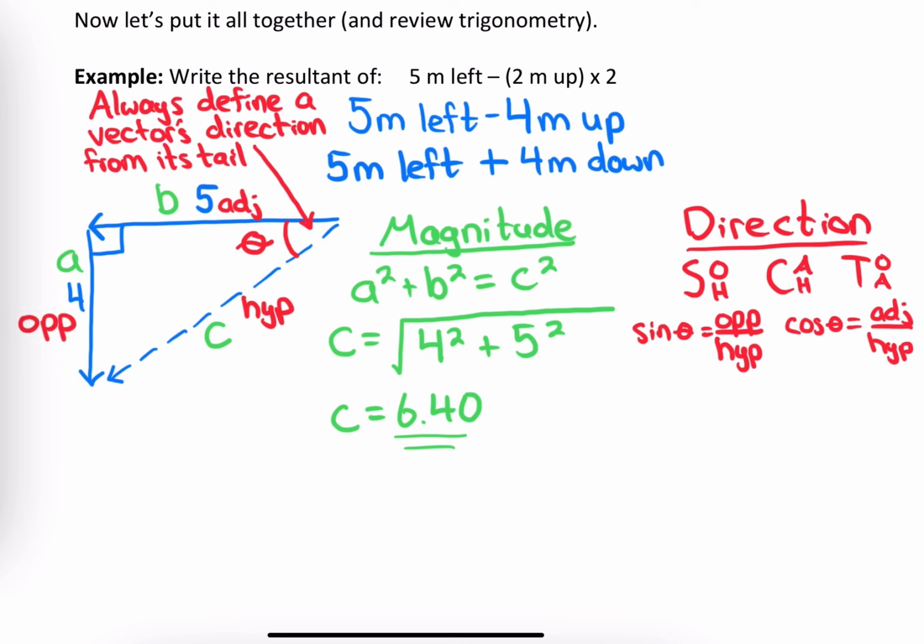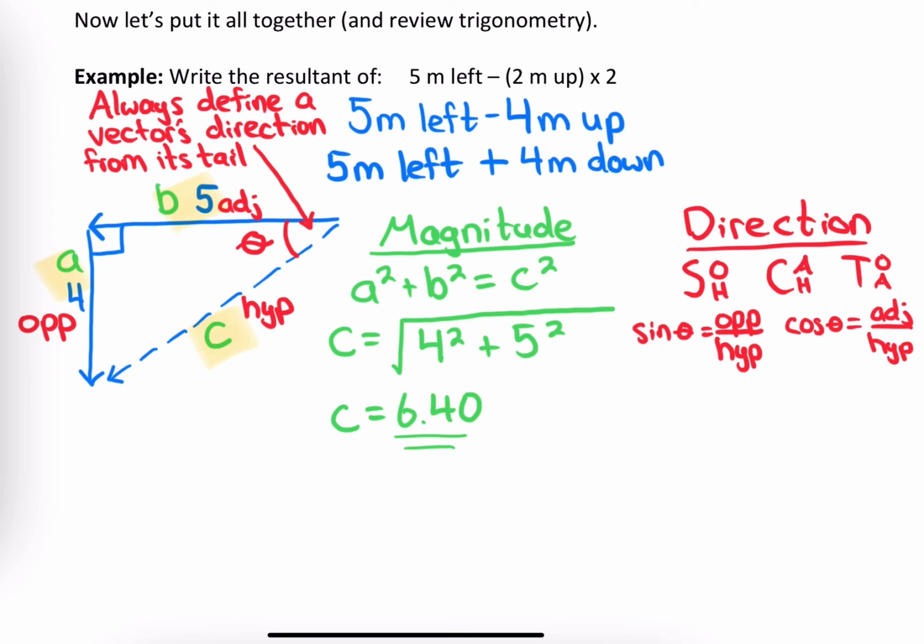So to solve for theta, I have to pick if I'm going to use sine, cosine, or tangent. In this question, at this point, because we actually know this side, and this side, and this side, because we found C, I could use sine, cosine, or tangent. All three of them would work. But what I'm going to do is, because A and B were sort of given to me to start with, and C is one I calculated myself, I think I trust A and B more.